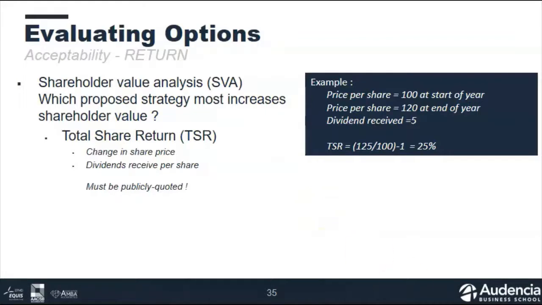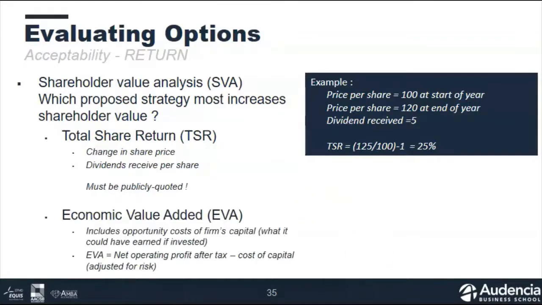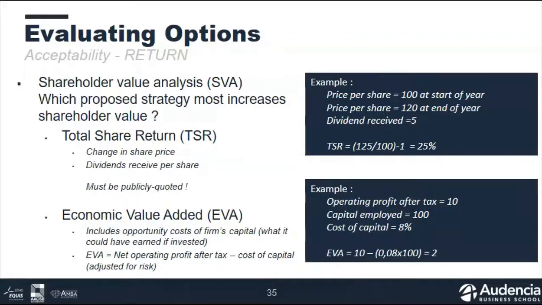The second way we can assess the shareholder value is through economic value added. And here we want to look at the cost of capital and the cost of capital adjusted for risk. So we'll look at our operating profit after tax. Let's say it's 10. To generate that 10, we had to employ 100 of capital, but the cost of that capital was 8%. So the economic value added was, well, we have an operating profit of 10, but the opportunity cost of that 100 was the 8%.